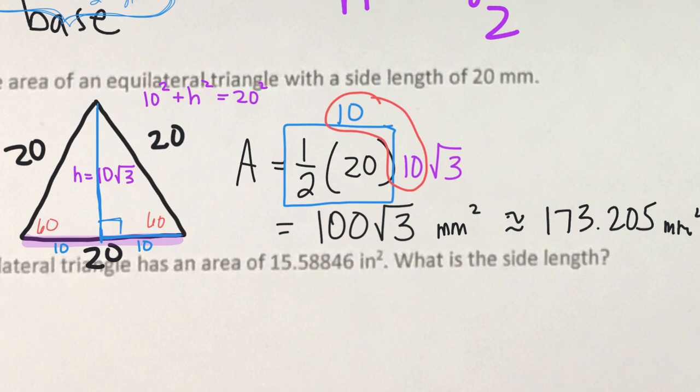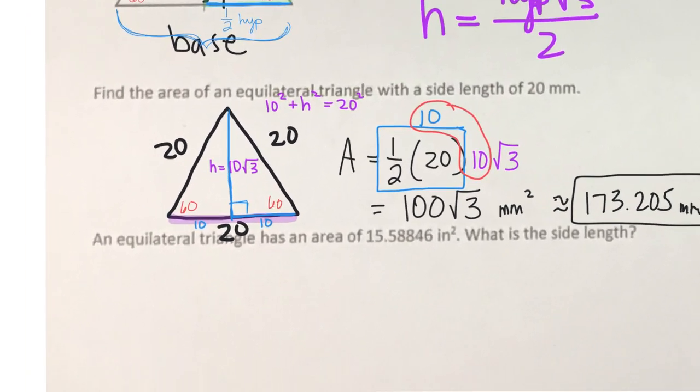Okay, that's the answer that I'm looking for on these worksheets and assignments and Schoology things and on your test. It is perfectly awesome to round that to 3 decimal places. You do not have to leave that with a radical, unless the problem says leave it as a radical, and then 100 root 3 is the correct answer. So read your directions in order to figure it out.